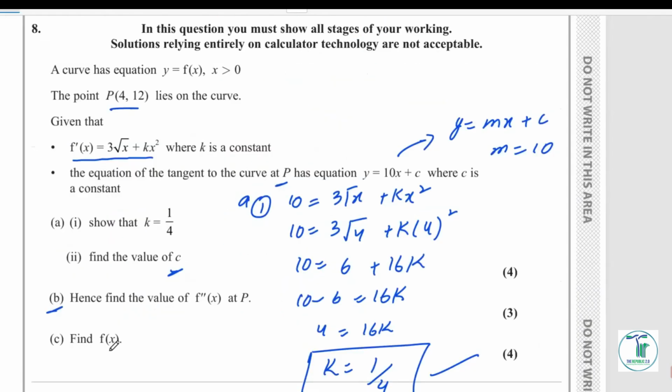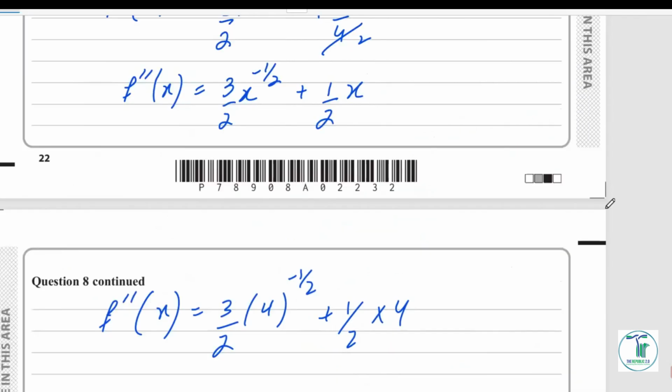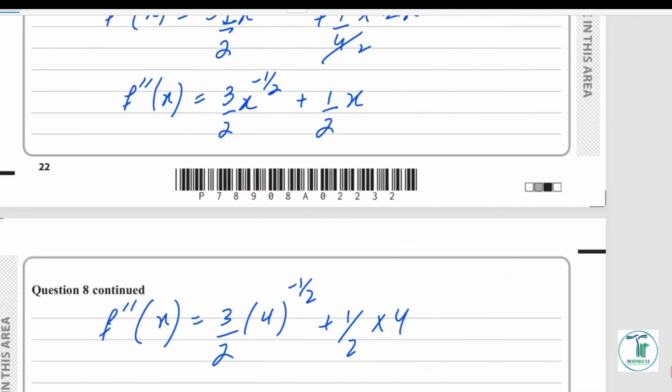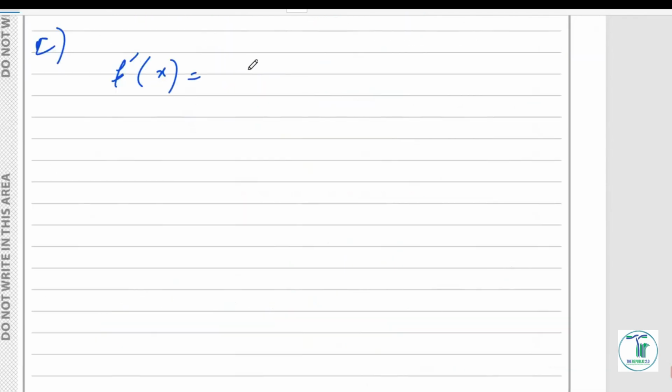Now we need to find out f of x. So we already got f dash x. How can we get f of x back? By just integrating it on both the sides, right? So for the c part, I've had f dash x is equal to 3 root of x plus kx square.